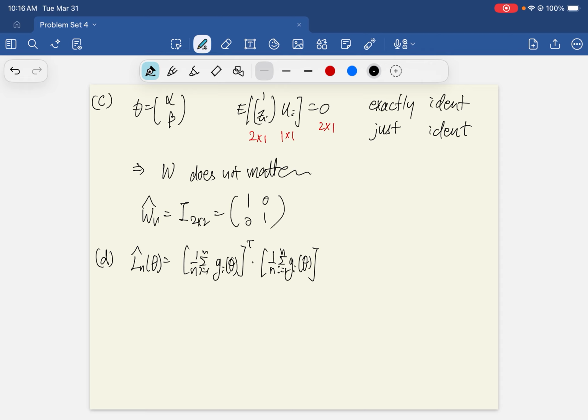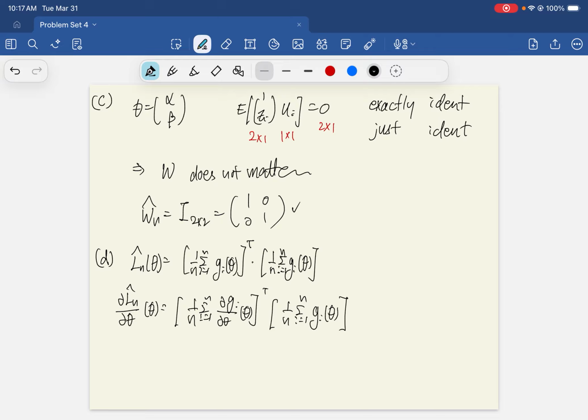I'm using the easiest, most convenient weighting function. And then the first derivative will be like this. Okay.